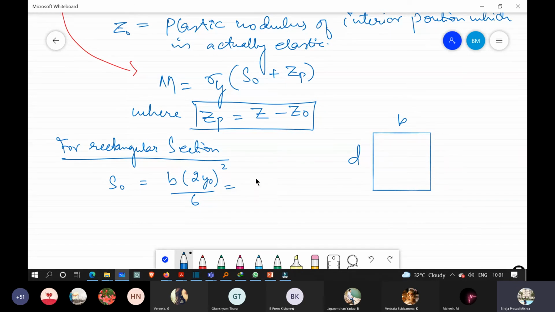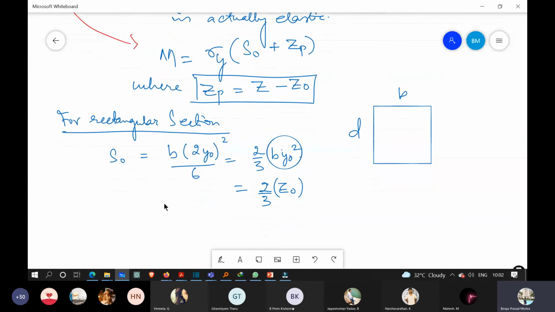That becomes 2 by 3 into b into y0 squared. What is y0? I told you in the starting: it is the distance from the neutral axis to the extreme fibers. So this becomes 2 by 3 into Z0.